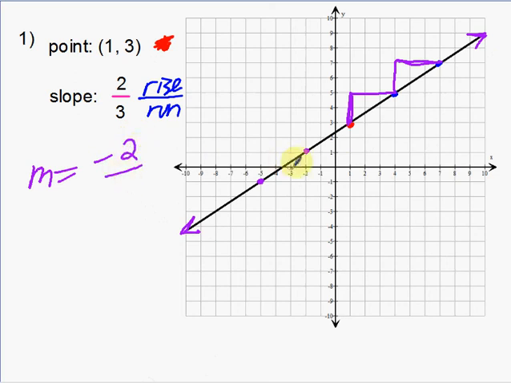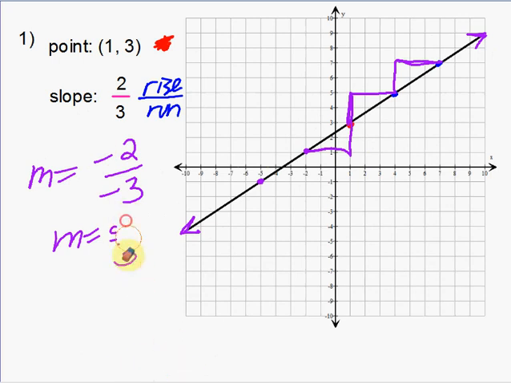If we went left 3, think about this, we went down 2, there's down, and then left 3, we'd be going negative 3. But what's a negative divided by a negative? Negative divided by a negative is a positive 2 over 3, and that was our original slope. So when we go backwards, it seems a little bit funny, but it ends up being the same exact slope that we were given, and so we're allowed to go backwards like that.